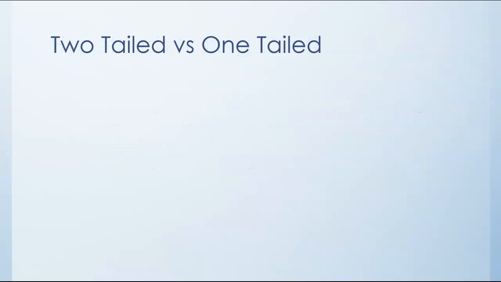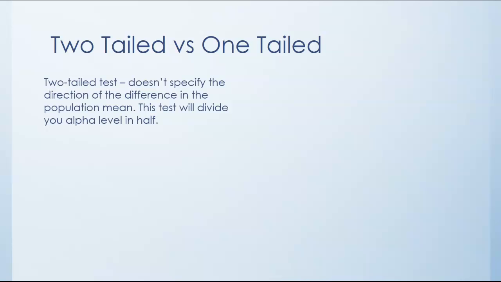So let's talk about the two-tailed versus one-tailed test. A two-tailed test doesn't specify direction. It doesn't care if the difference is on the positive or the negative side, whether the sample mean is greater than the population mean or less than it. Because you're saying you don't care which side it falls to, we end up dividing our alpha level in half.